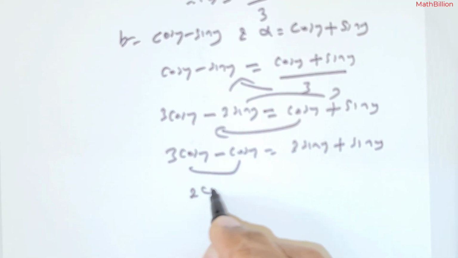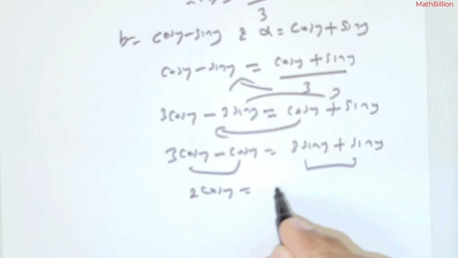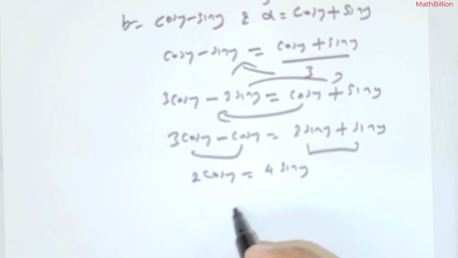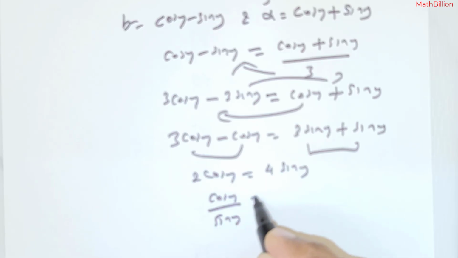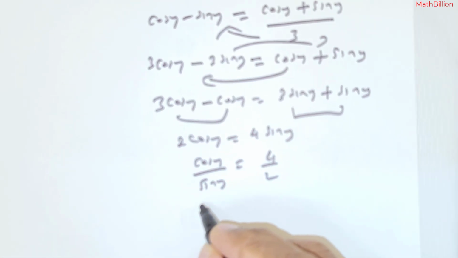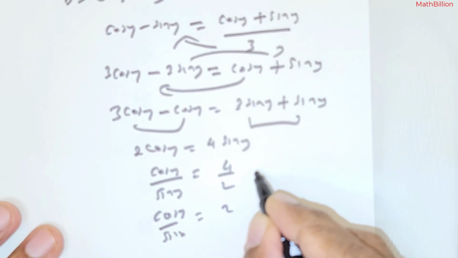This will give you 2 times cos y, this will give you 4 times sin y. So I have cos y divided by sin y is equal to 4 over 2, which means cos y divided by sin y is equal to 2.